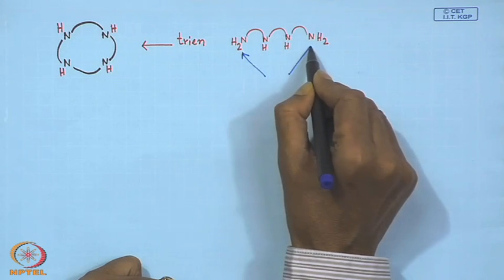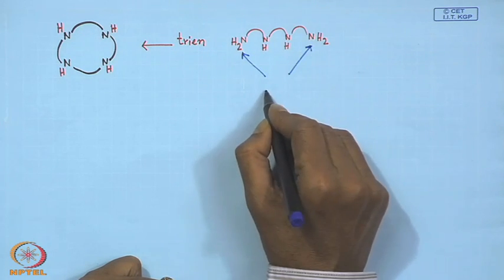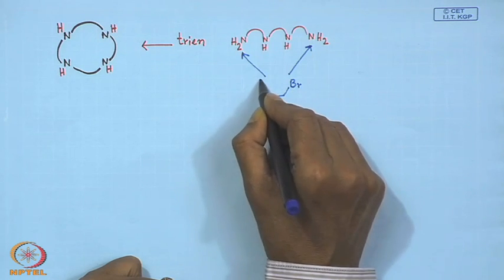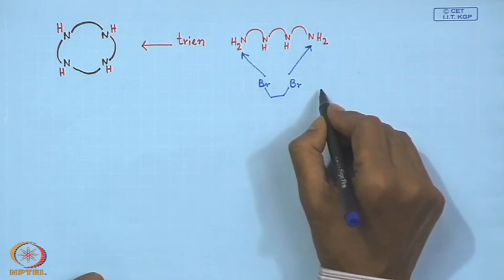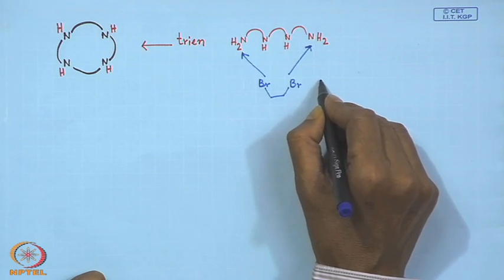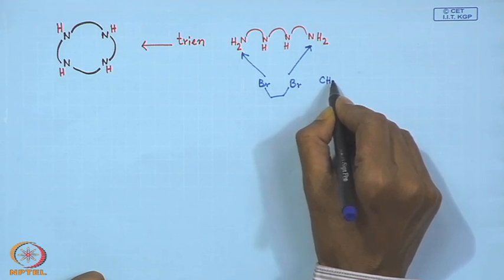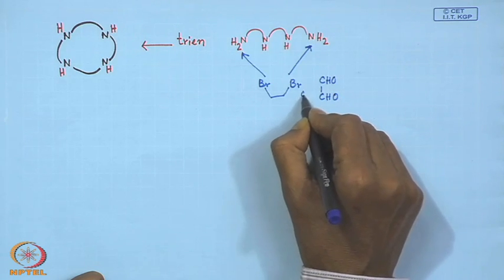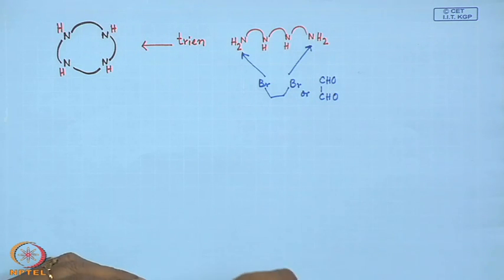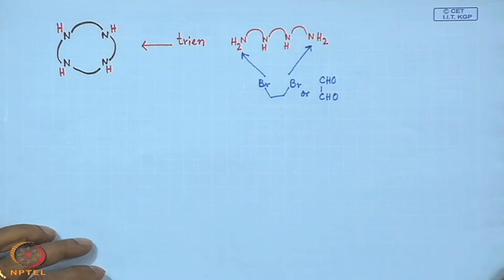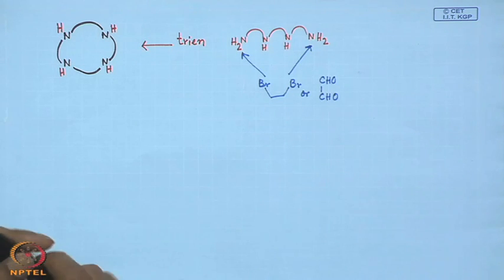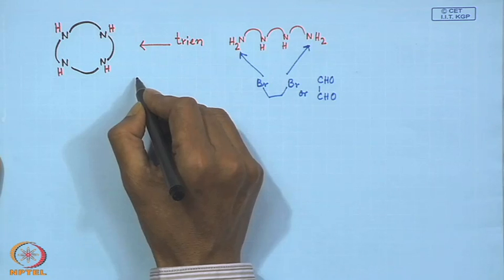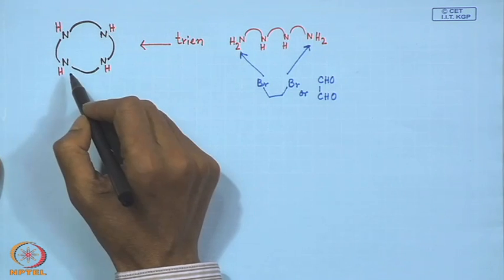So, if we can connect these two ends, say by dibromoethane or say glyoxal, using these two molecules, we can get a cyclic product, and this cyclic product is related to the taken molecule, but is of bigger size.